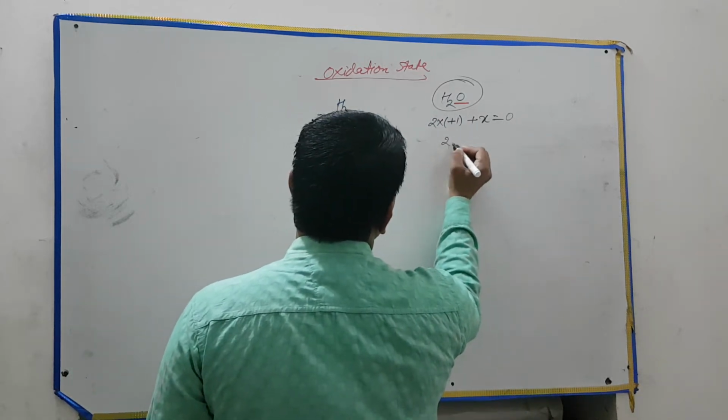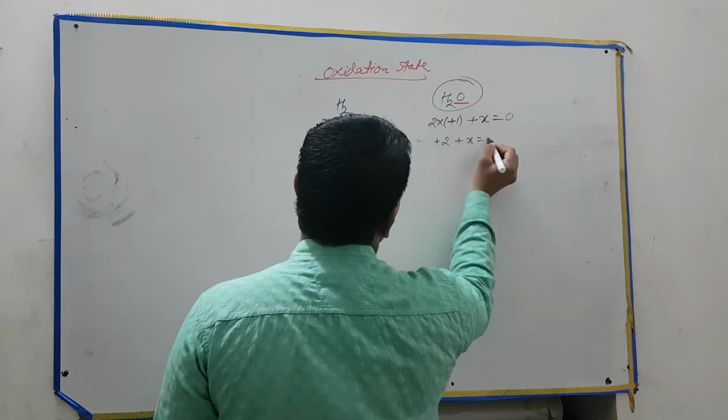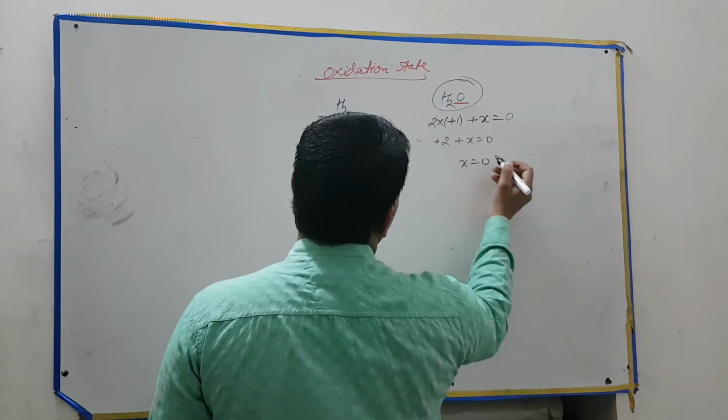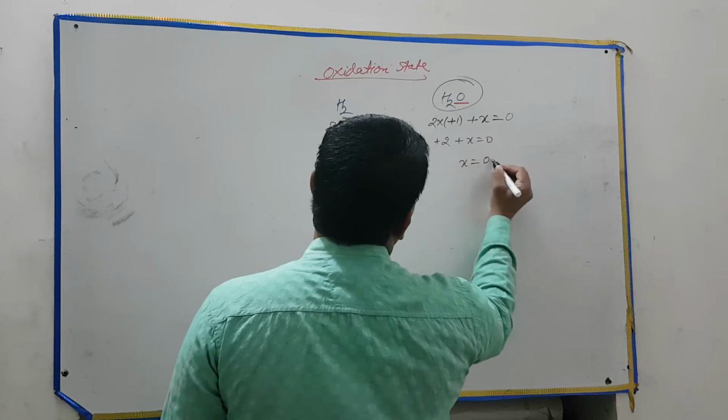So 2 plus X equals 0, that means X equals minus 2.